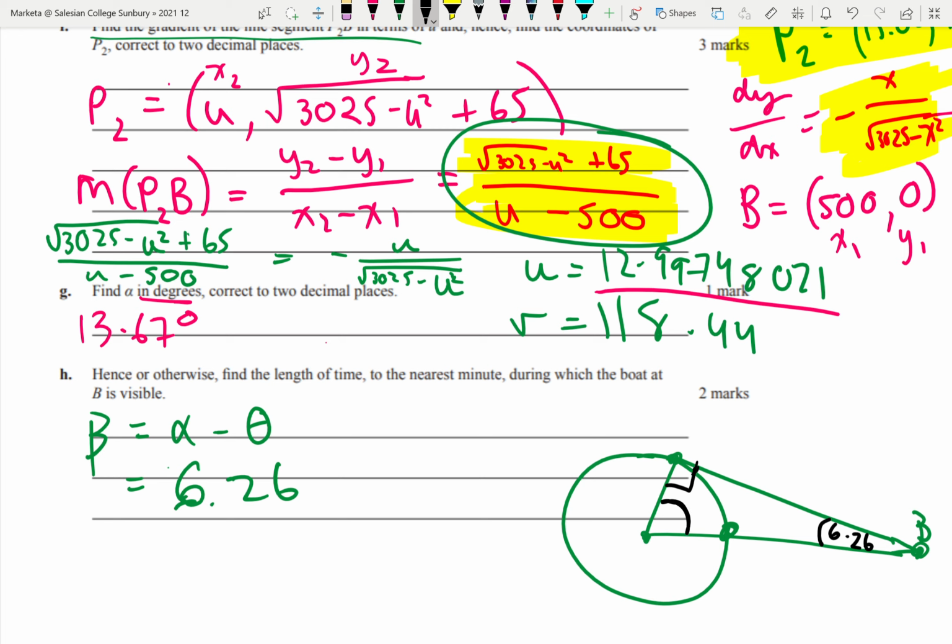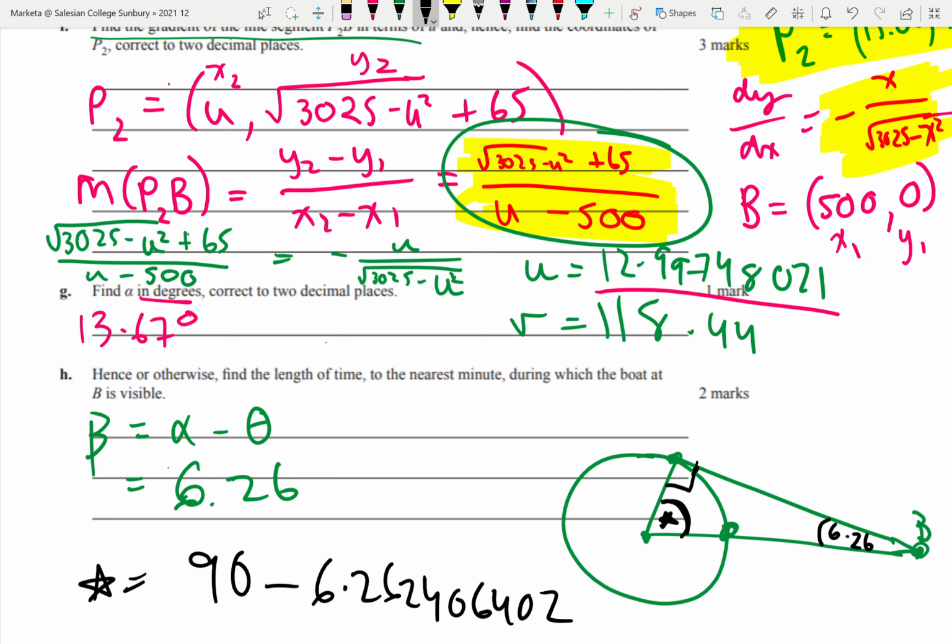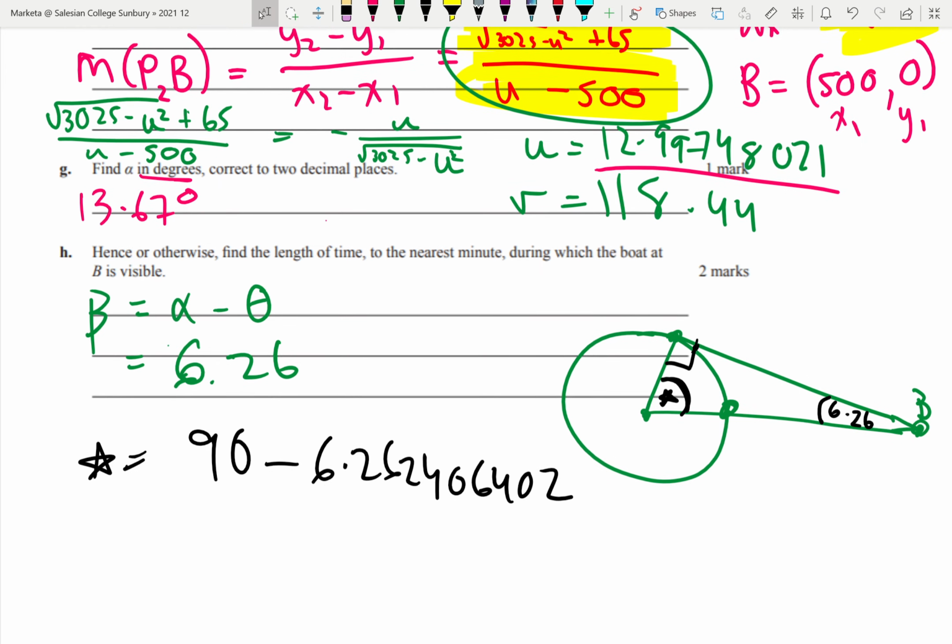What we want is this angle, so let's call this star. Star equals 180 minus 90, which is 90, so 90 minus 6.262406402. I copy and paste that there, and I'm getting 83.74 degrees.